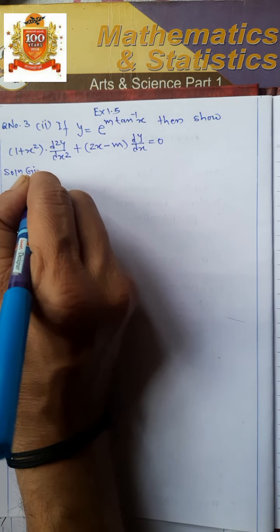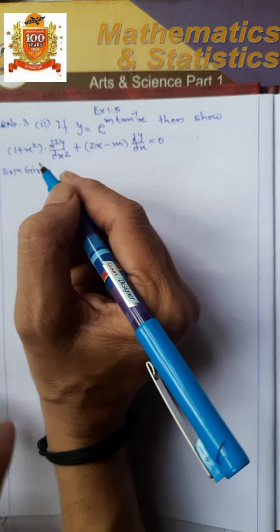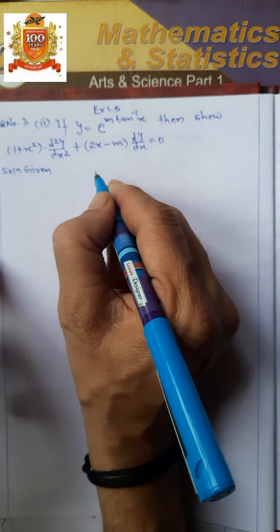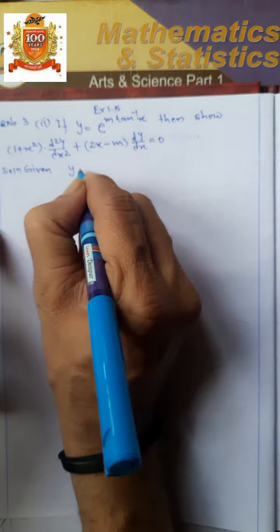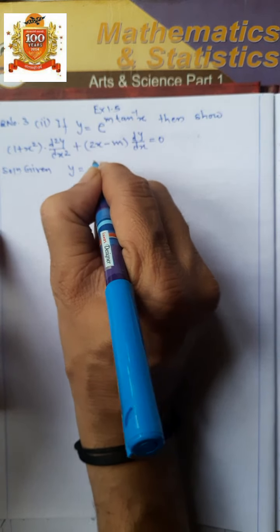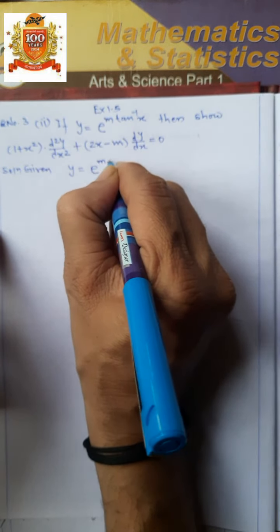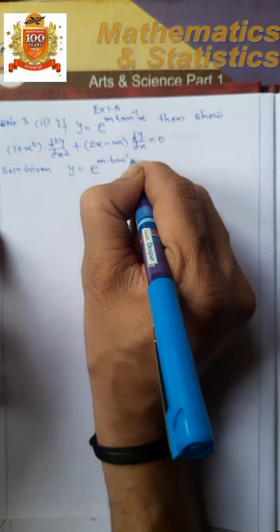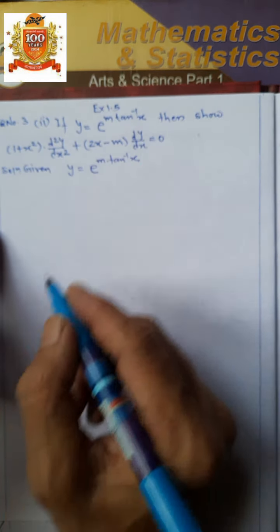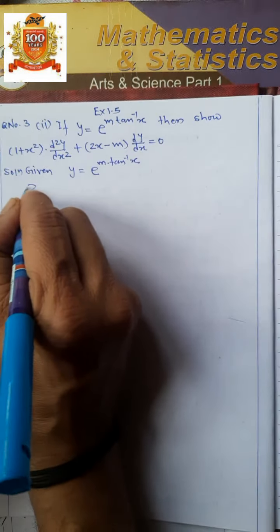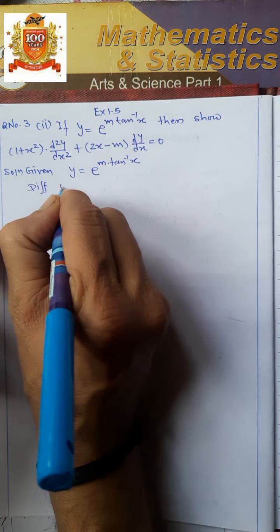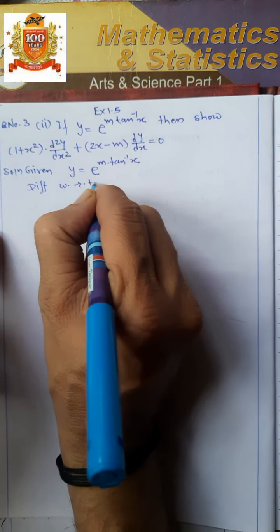Given. What is given here? y is equal to e raised to power m into tan inverse of x. Differentiate with respect to x.